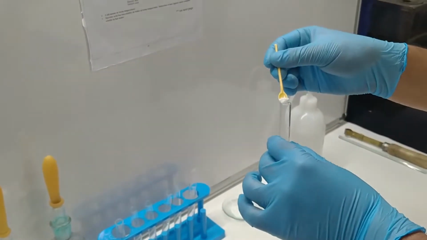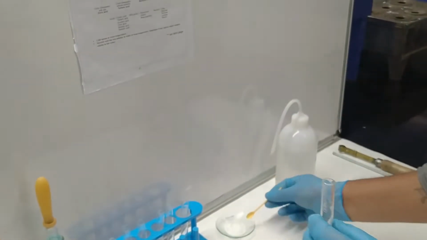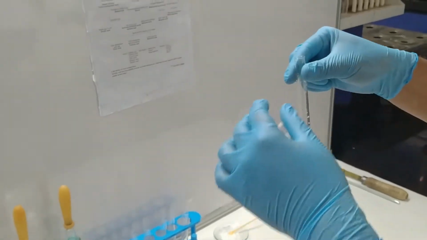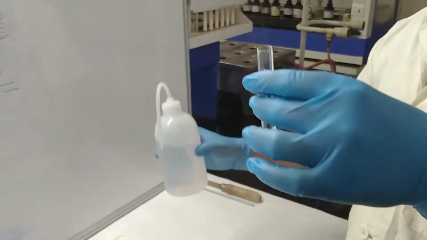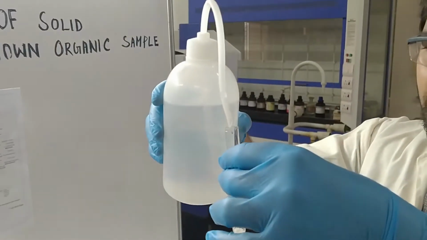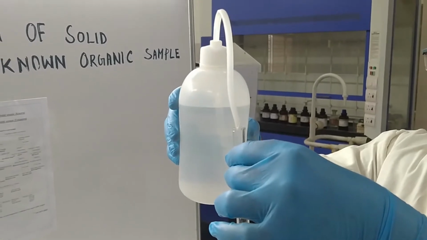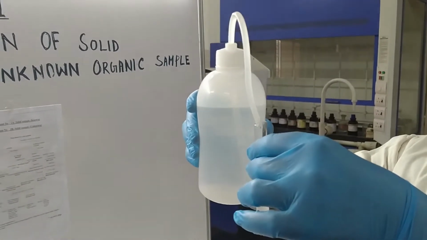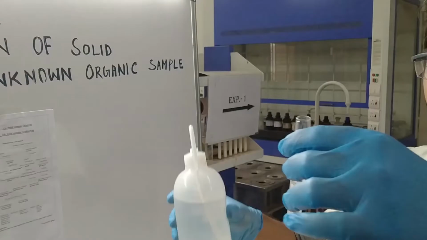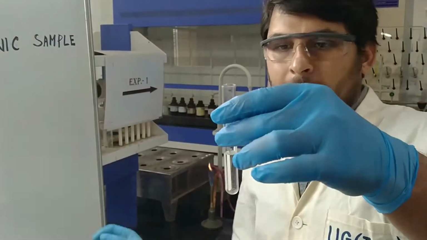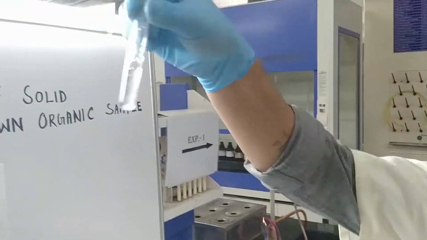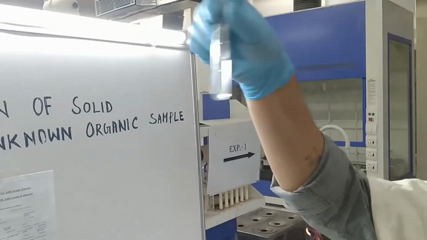So I just take the solid sample. Then after that I have to add some distilled water inside the test tube. See, now just shake like this way.